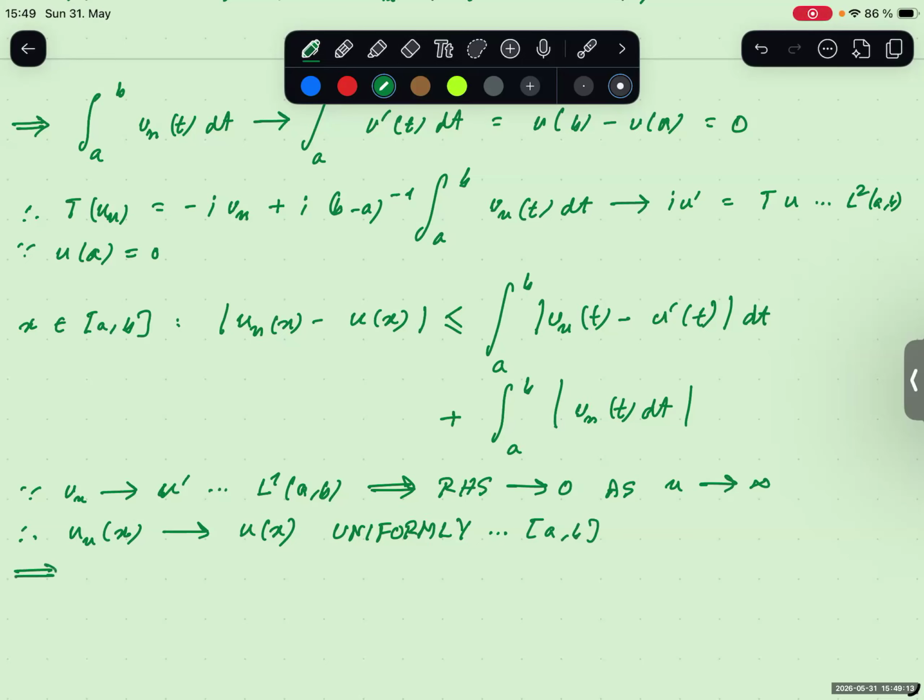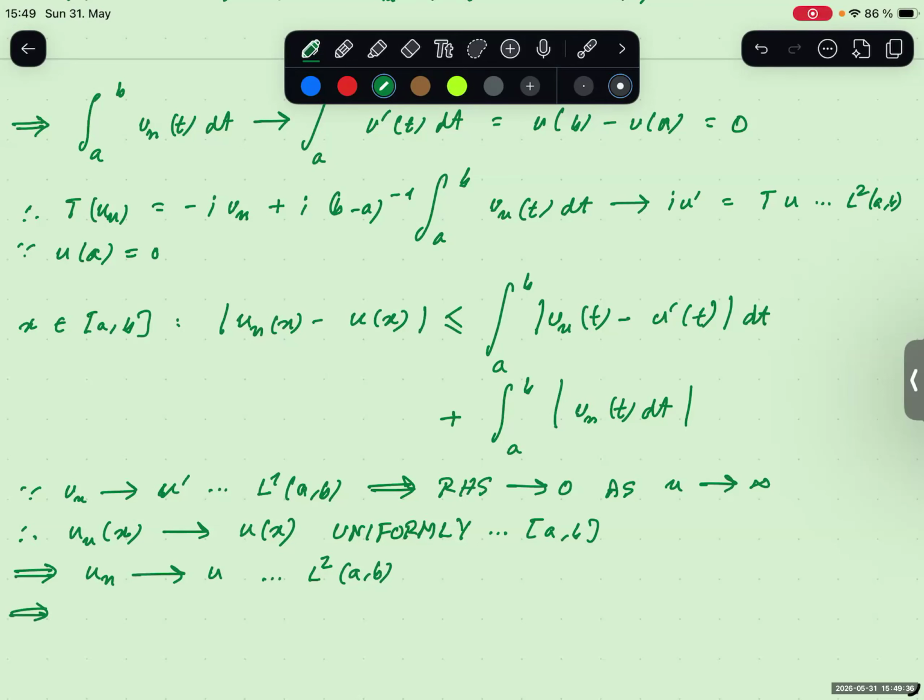and hence u_n converges to u in L2(a,b).